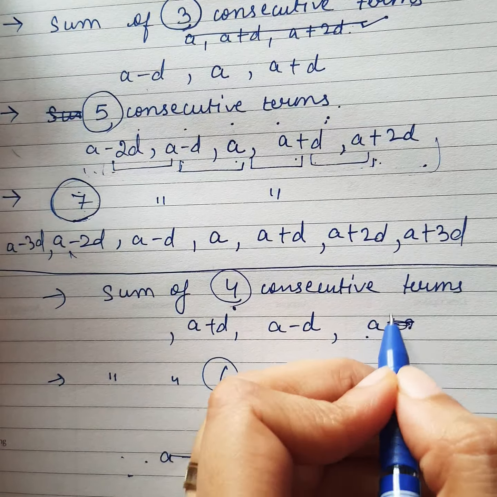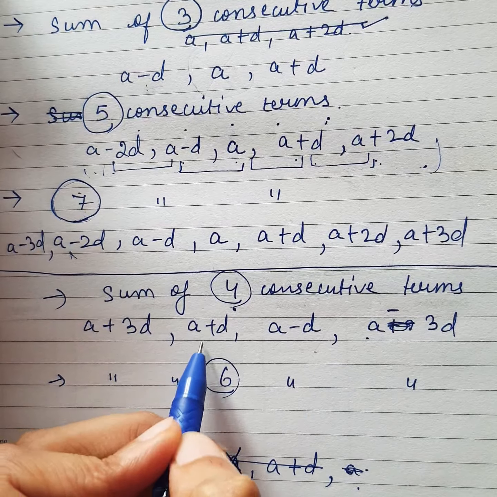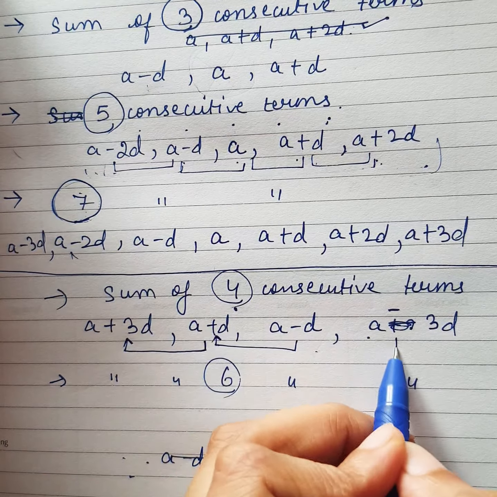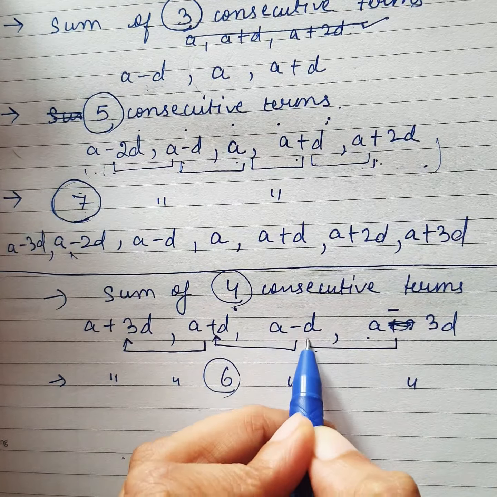I hope the point is clear. I have skipped this and written these 2 terms. Then because I have left one term here, I have to leave one term on right and on left. So A plus 2D and A minus 2D I have missed, alternate terms. This is done so that common difference will be maintained. Now you can check the common difference is same now.